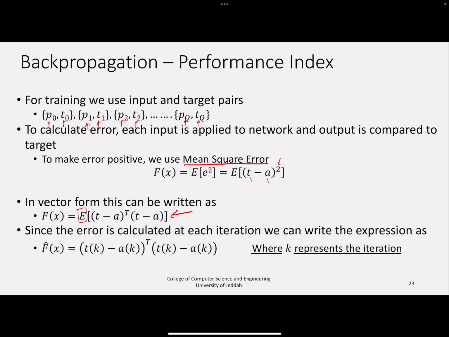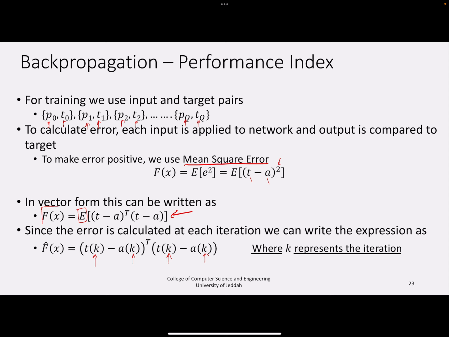Now the error is calculated at each iteration, and for that reason, we can also add the iteration number as a subscript to the targets and actual outputs.